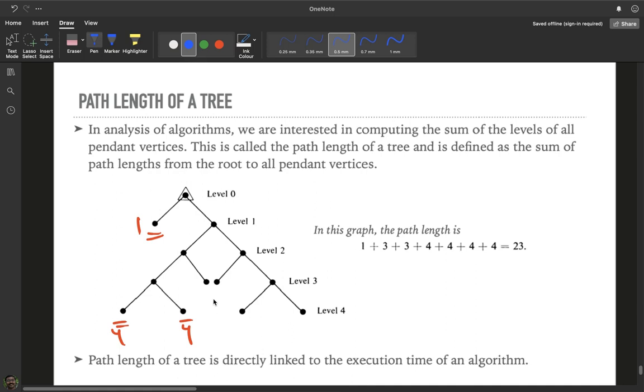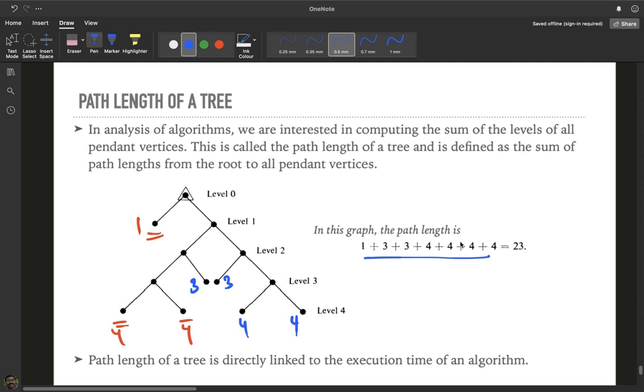This other vertex also has level 3. Again, these vertices have level 4, and this vertex has level 4. So you are just taking the levels of all the pendant vertices and adding them up. That will give you the path length of a tree.